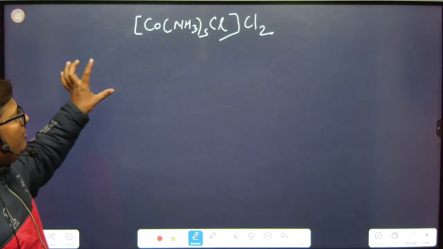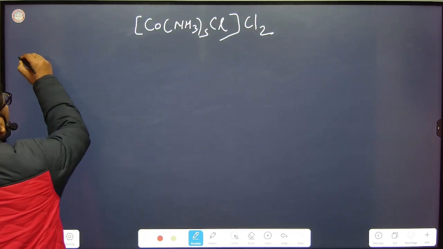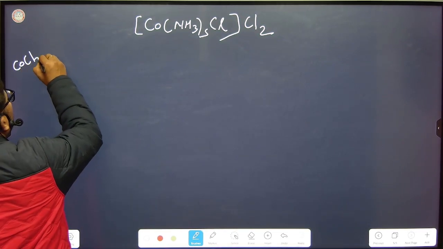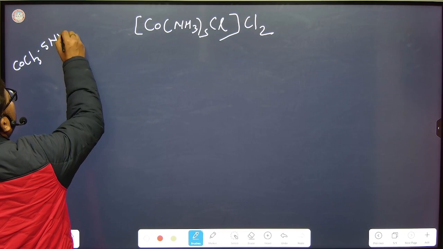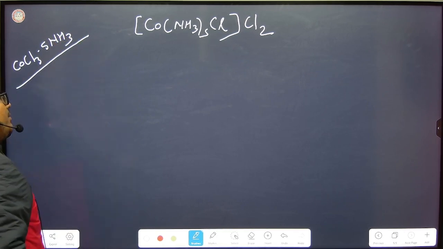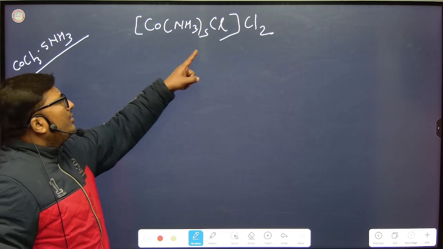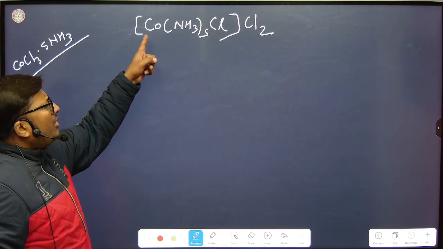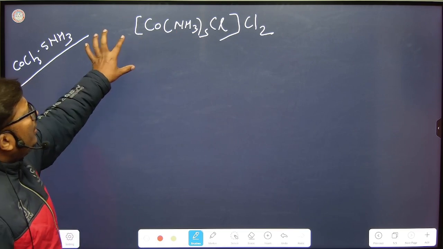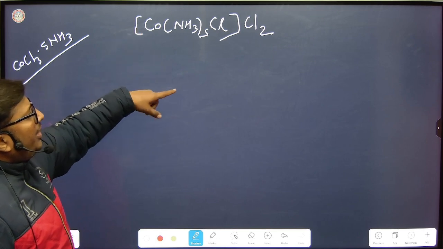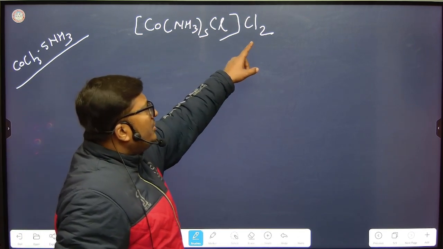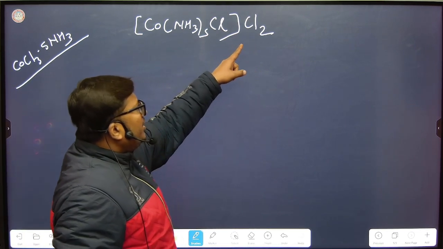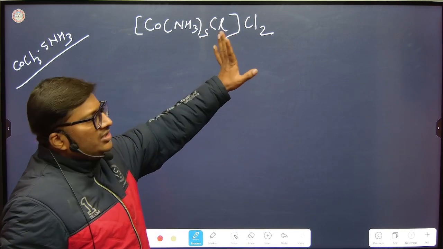So this is the structure of the adduct, that is CoCl3 dot 5NH3, right? So 5 ammonia molecules and one chloride ion are directly bonded to the cobalt center, and two chloride ions exist as counter ions outside of the coordination sphere.